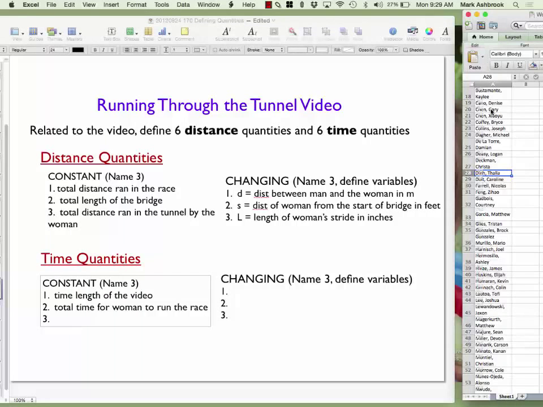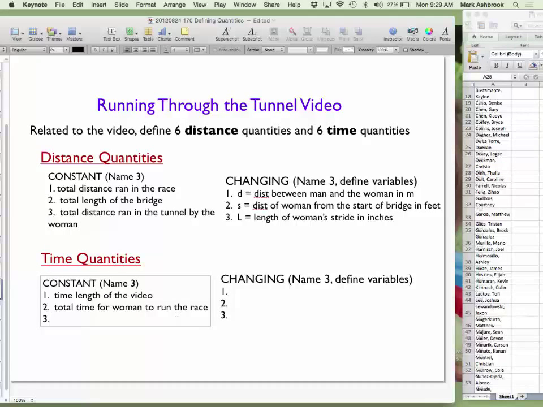Gary C. Okay. How about for the man to do something else? What was the total time for the man to jog the race?